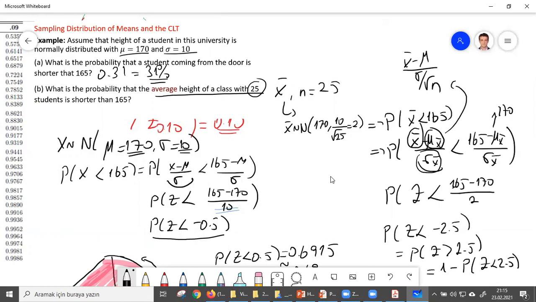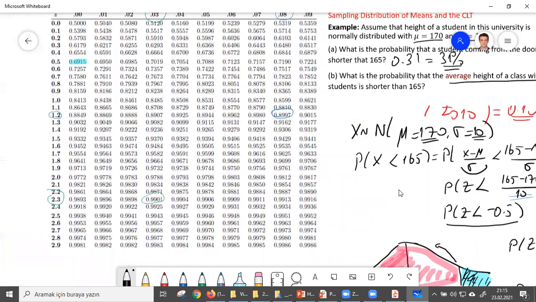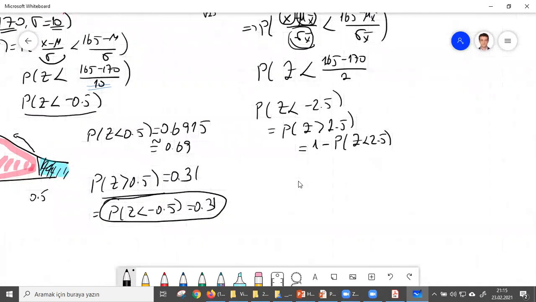Let's see it. 2.5. The probability is 0.9938. So this is equal to 1 minus 0.9938, which is 0.0062, which is less than 1%, right?